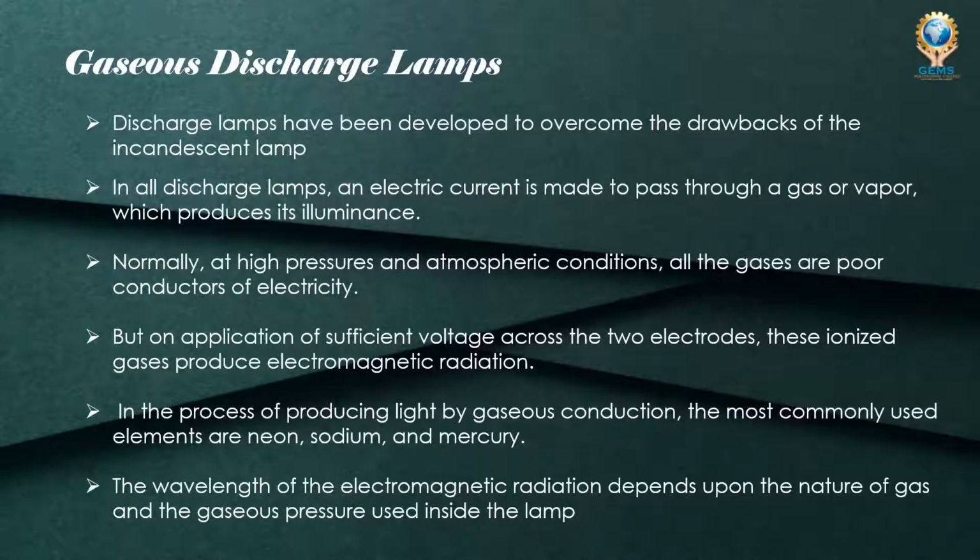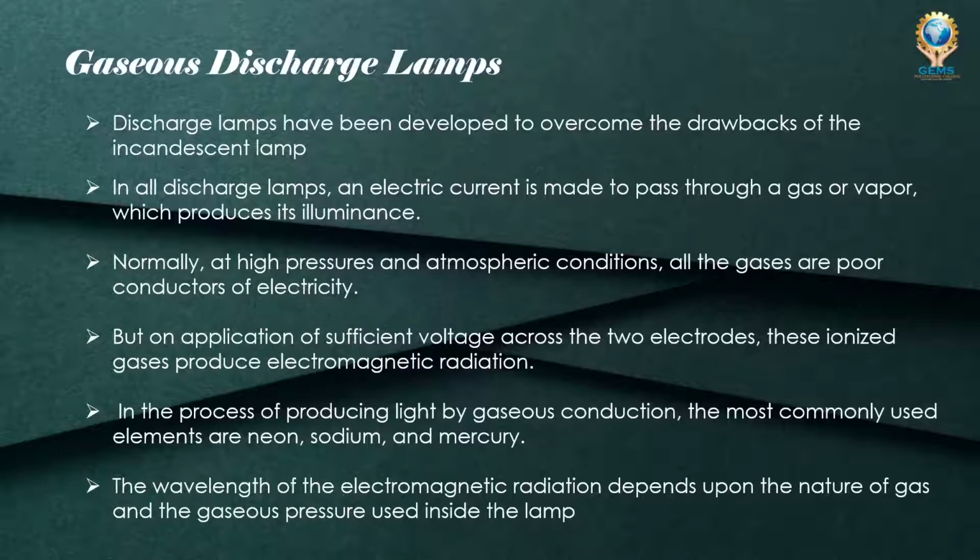Normally, at high pressure and atmospheric conditions, gases are poor conductors of electricity. But with the application of a sufficient voltage between the two electrodes, if we give enough voltage, it may give electromagnetic radiation. So we need to give the sufficient voltage.